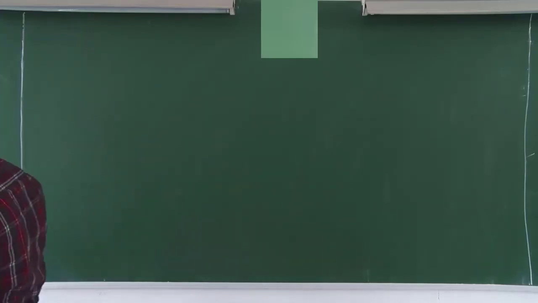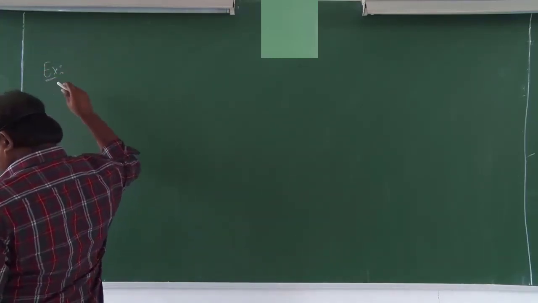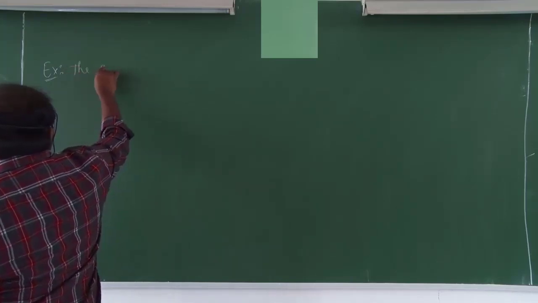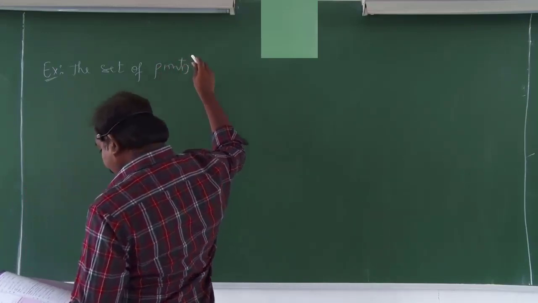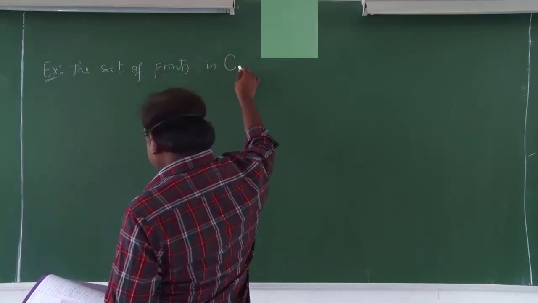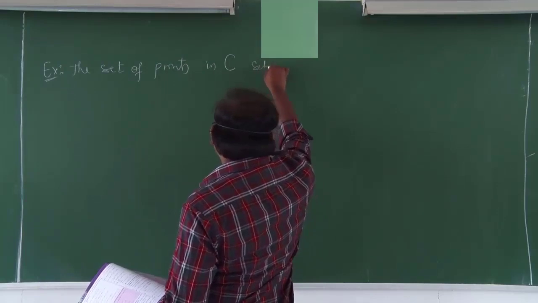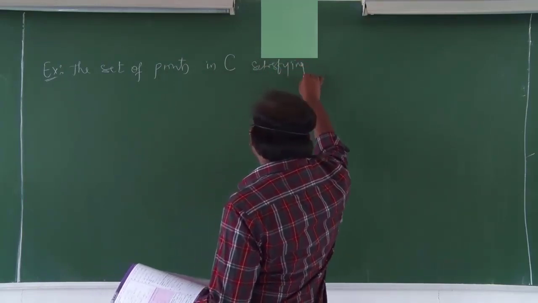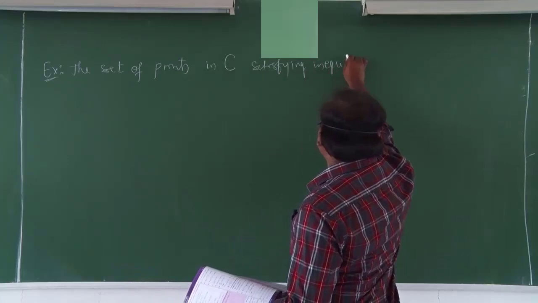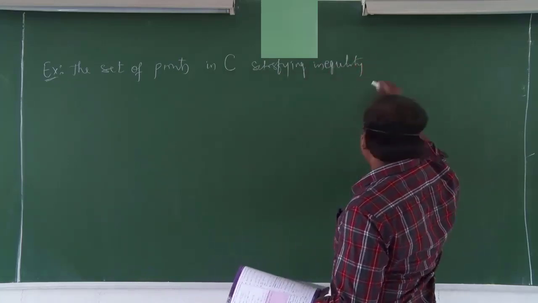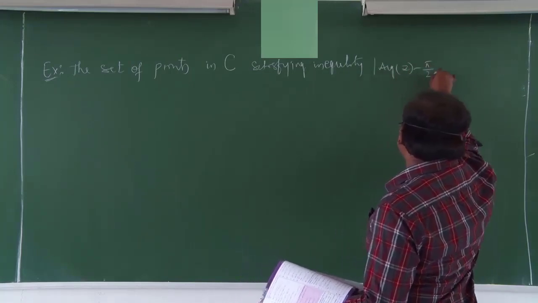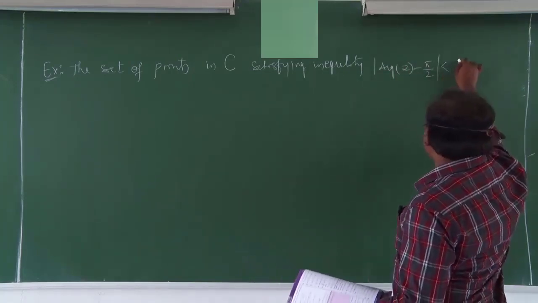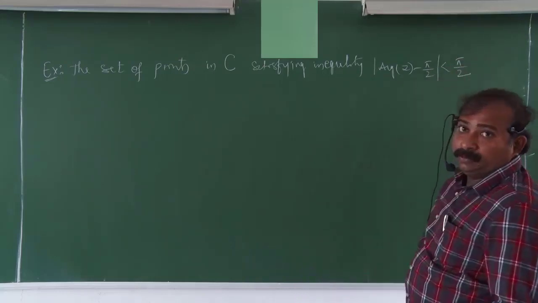Here they have given one example. The set of points in complex number C satisfying the inequality: modulus of argument of z minus pi by 2 is less than pi by 2.